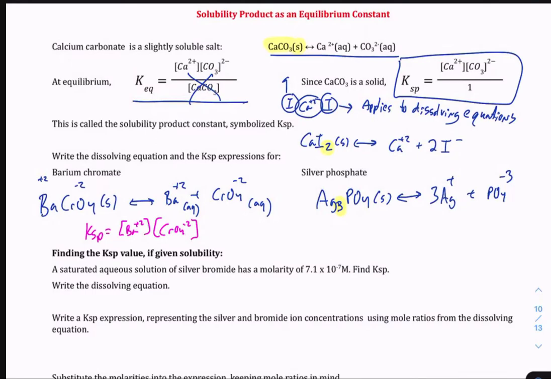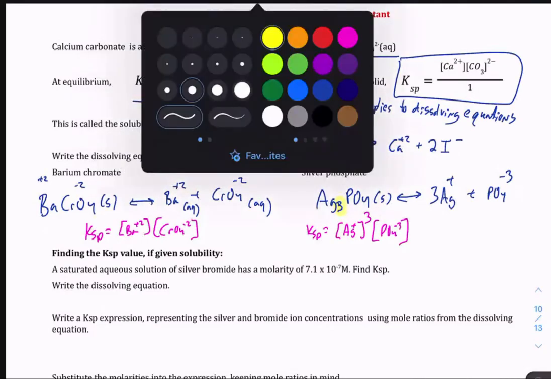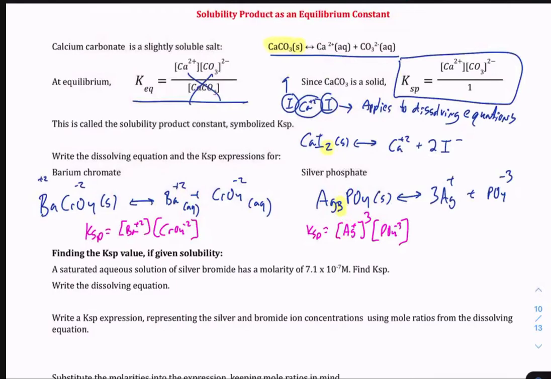For the silver phosphate, silver is going to be cubed because of this guy. Coefficient of 3 means you raise it to the 3rd power. You guys okay writing dissolving equation and then writing a KSP expression?